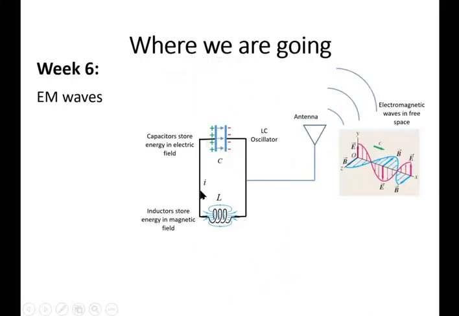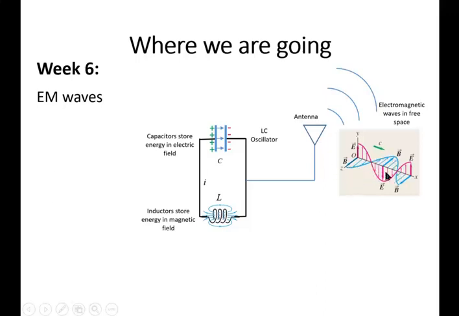Now, for the inductor-capacitor oscillator, we can connect an antenna to them and then produce electromagnetic waves in free space. In short, there are two waves that are mutually dependent on each other. One of them will be the magnetic wave.